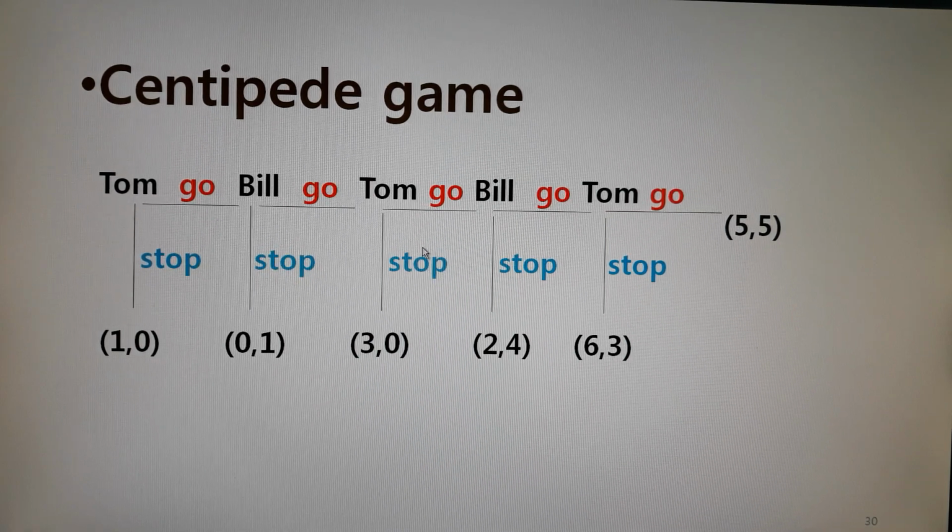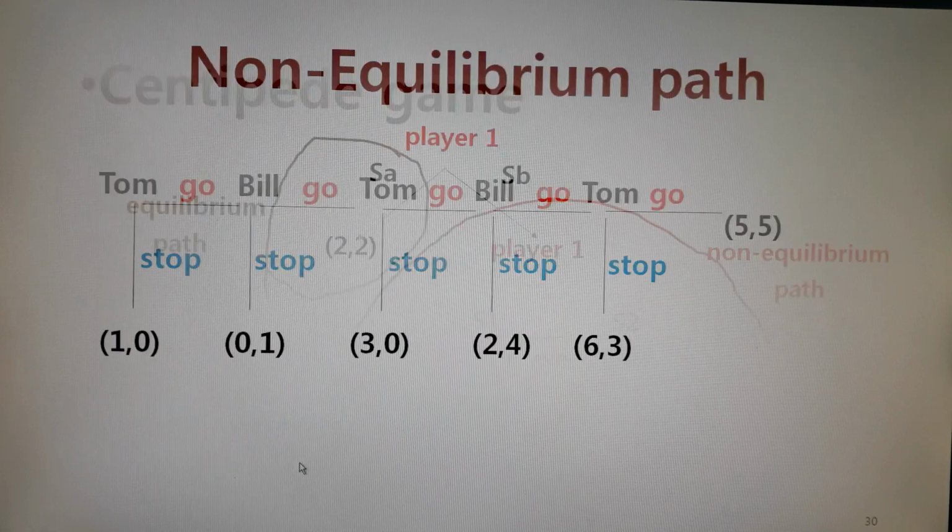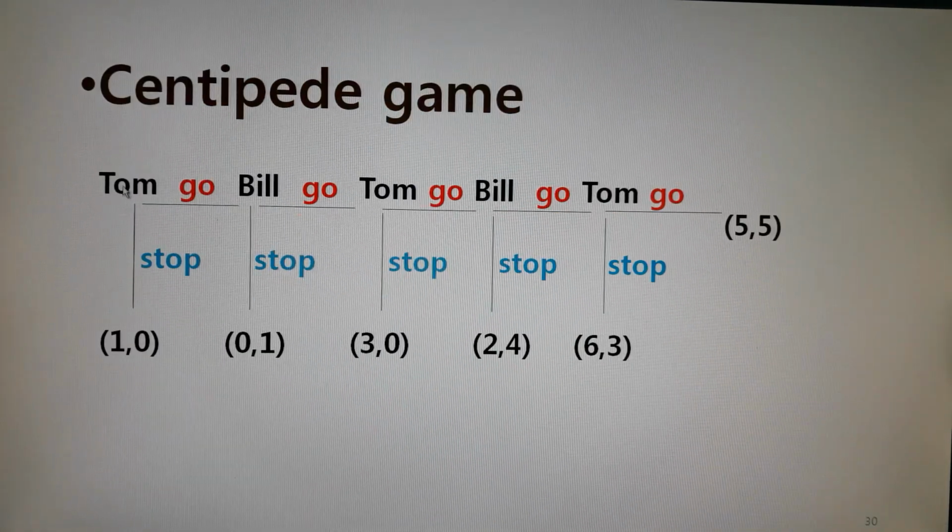Subgame perfect is one of the Nash equilibria, but that means there are Nash equilibria which are not subgame perfect. What would that be in this game? I'll give you just one example. Stop, go, go, stop, go.